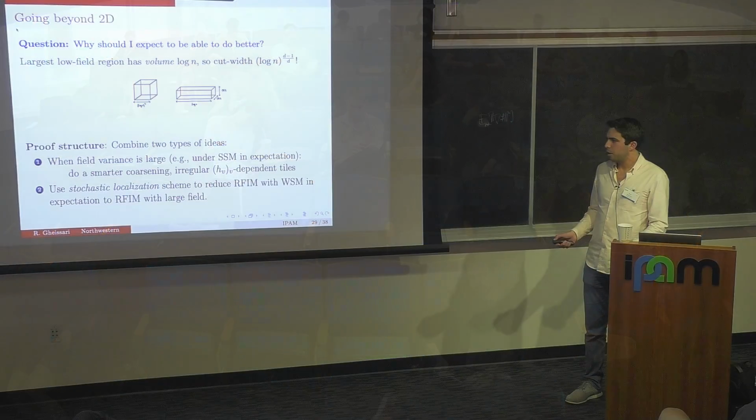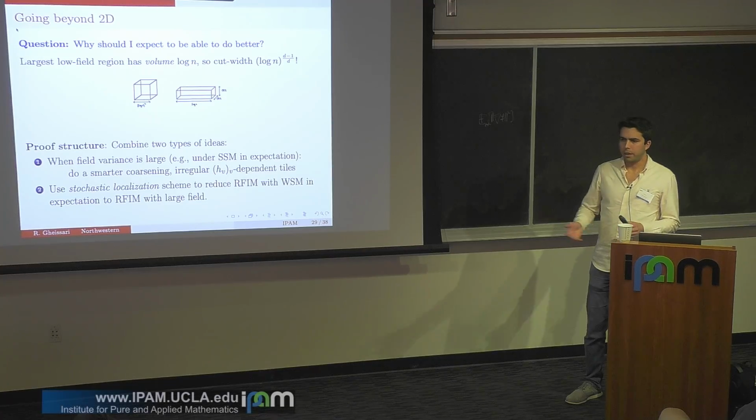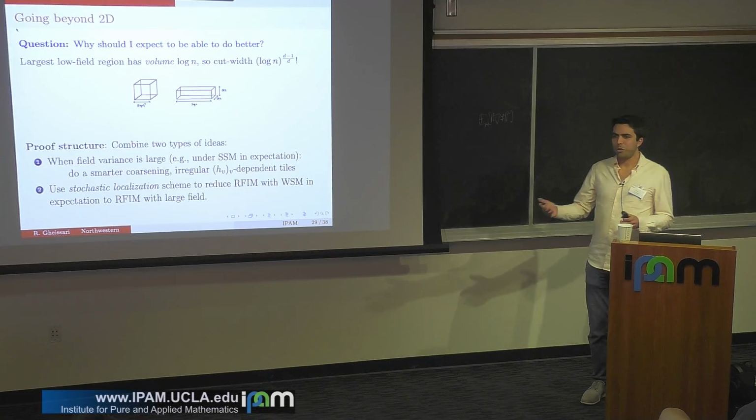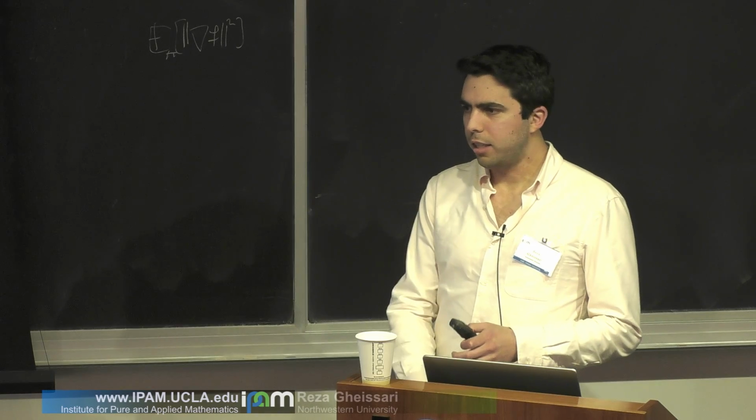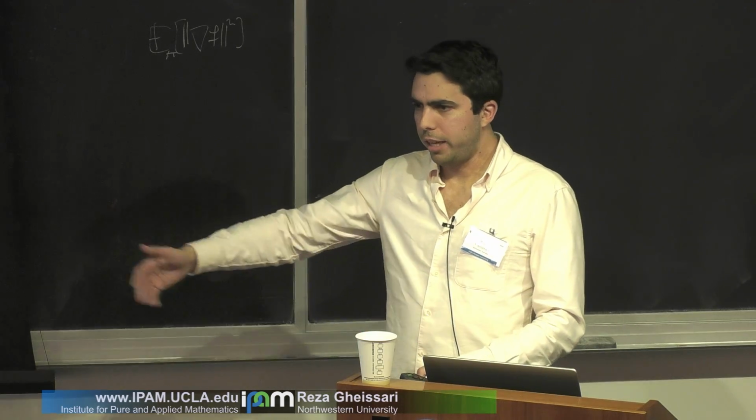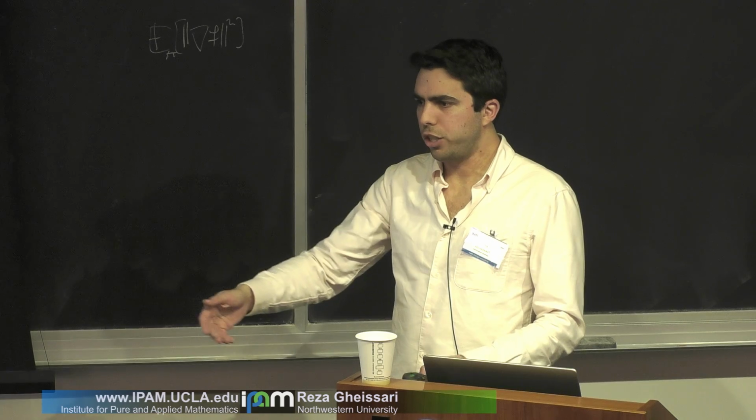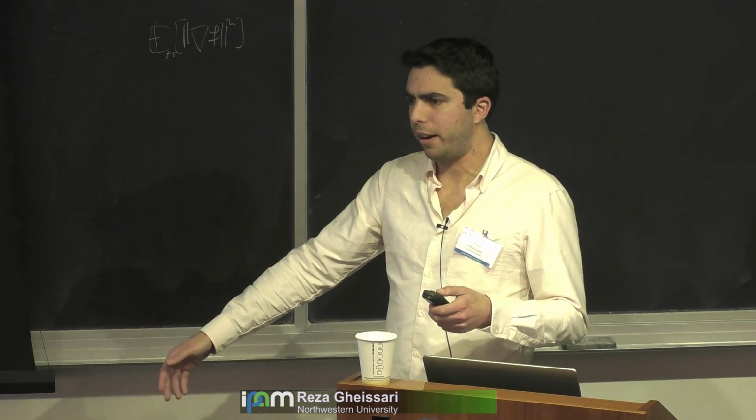So the goal, generally, I guess you're aware, is that when you do stochastic localization schemes, the Dirichlet form stays decreasing in expectation, and you want to bound how fast the variance decays.